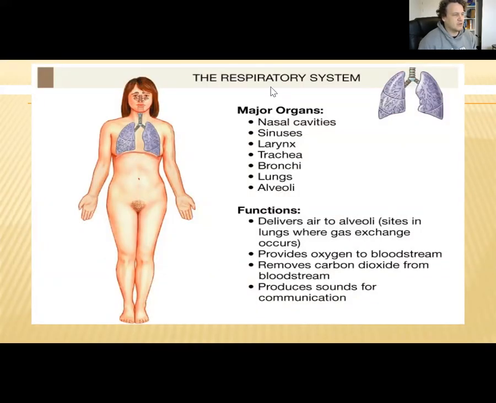So the respiratory system, major organs are parts where you breathe in your face, parts in your throat, and the alveoli in your chest. The alveoli are where the gas exchange occurs, and this provides oxygen to the bloodstream, removes carbon dioxide from the bloodstream, and produces sounds for our communication.